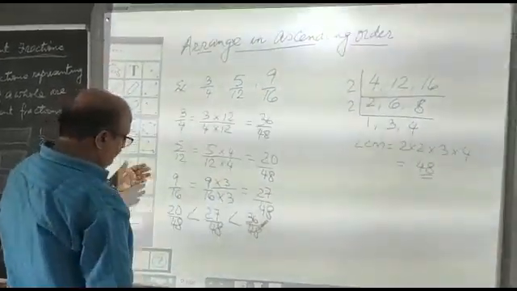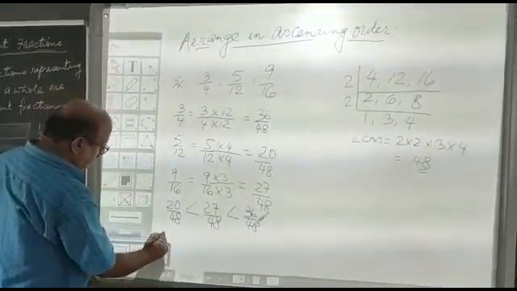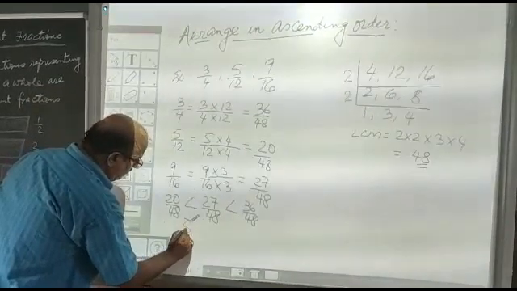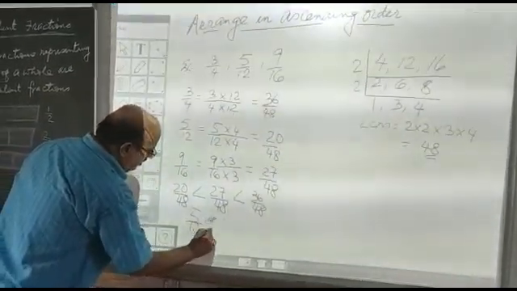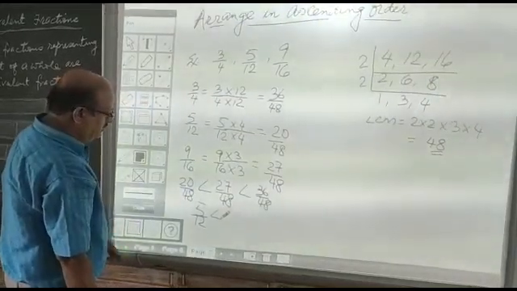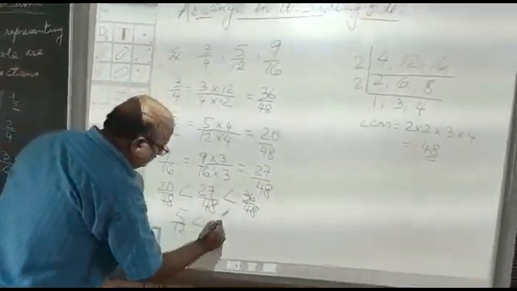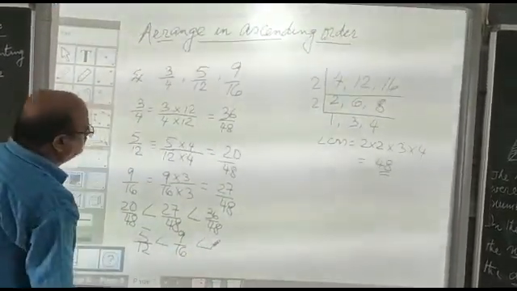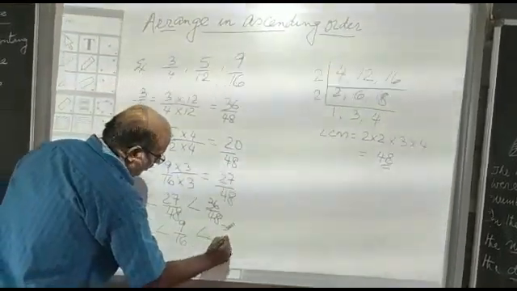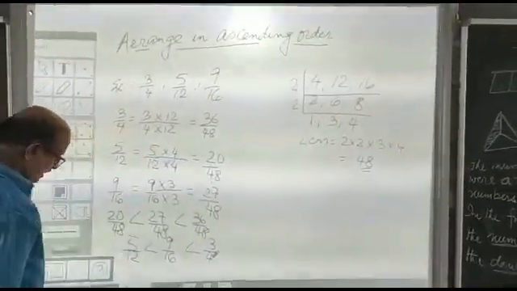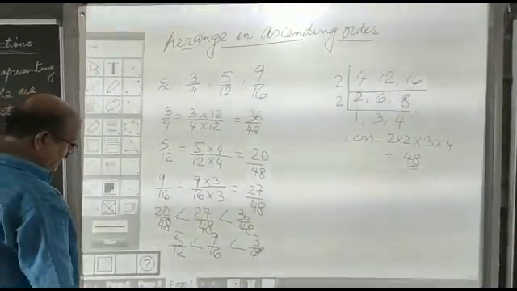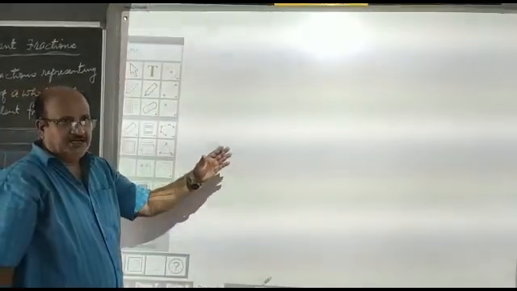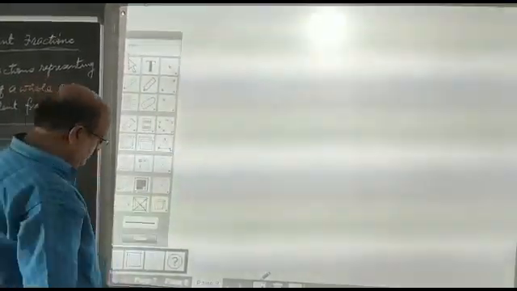So the corresponding fractions are 20/48, which is 5/12, smaller than 27/48, which is 9/16, and then you get 3/4. Correct? In this way we find the fractions, and they are easy to convert.